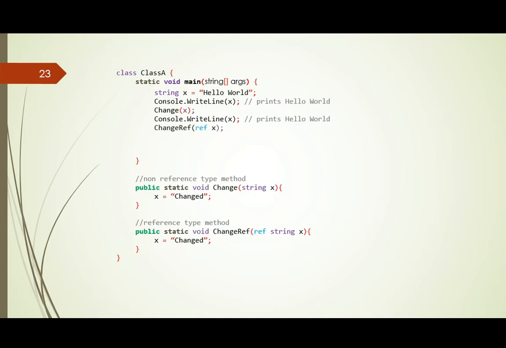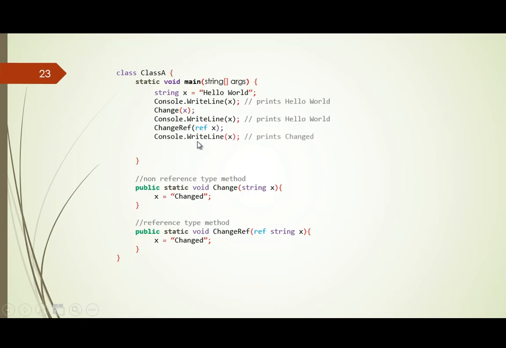So next, I'm passing my x to a change ref function, which is a reference type function. If you know the ref keyword in Visual C#, what ref really does is change anything. If you pass an integer with the ref keyword, after that, if you modify the integer, you will have the modified integer after the function is executed.